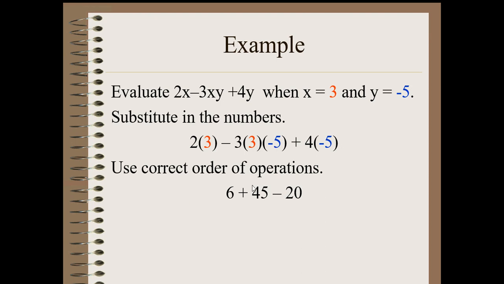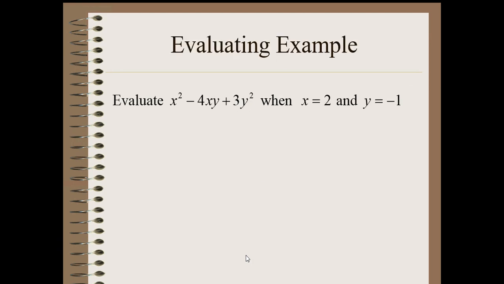Be careful, minus times minus, it's plus 3 times 5 is 45. So I can do 3 times 3, 9 times 5, 45, or 3 times 5, 15 times 3, 45, the same. Plus 4 times minus 5, minus 20. And then I will find the final answer, that is 31.